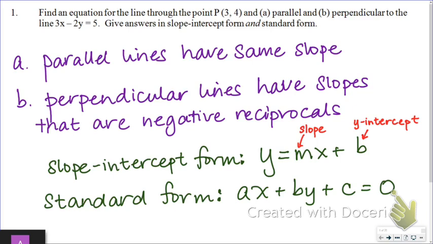So just a reminder, for A, parallel lines have the same slope. And for B, perpendicular lines have slopes that are negative reciprocals.